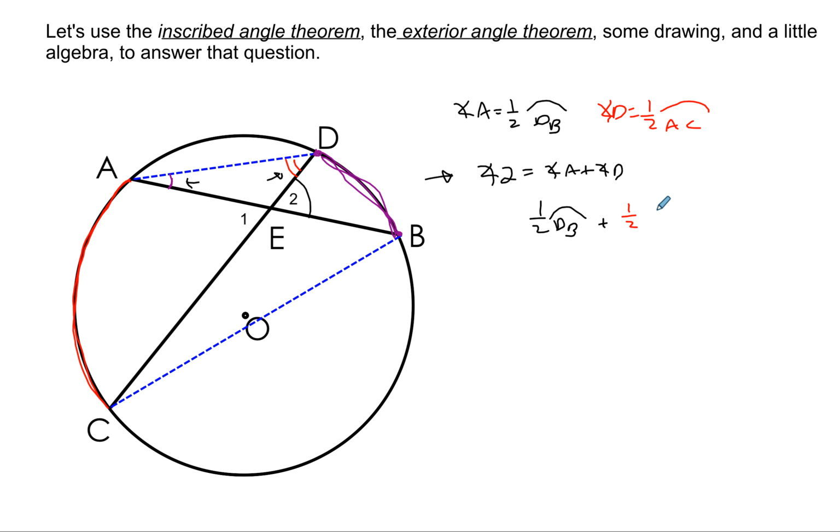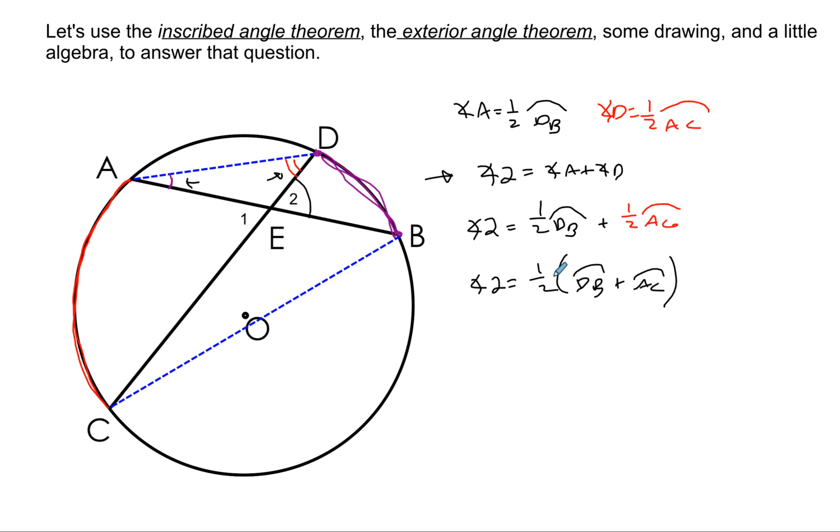So angle 2 is equal to 1/2 DB plus 1/2 AC. If you factor out the 1/2, what you're left with is angle 2 is equal to 1/2 of arc DB plus arc AC.